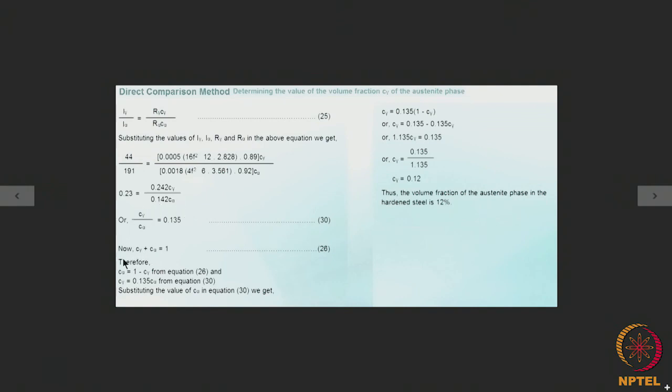Now if we solve these two equations, we find the value of C gamma is 0.12. That means the volume fraction of austenite phase in the hardened steel is 12%. So this is really a very elegant method of determining the volume fraction of the austenite phase in a sample of hardened steel.